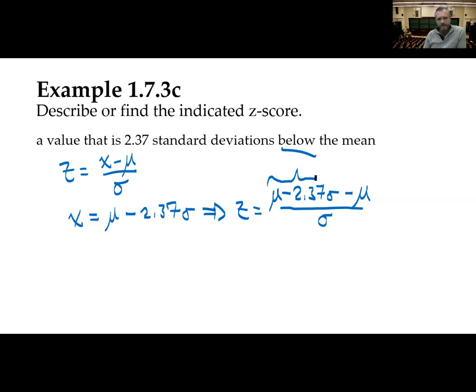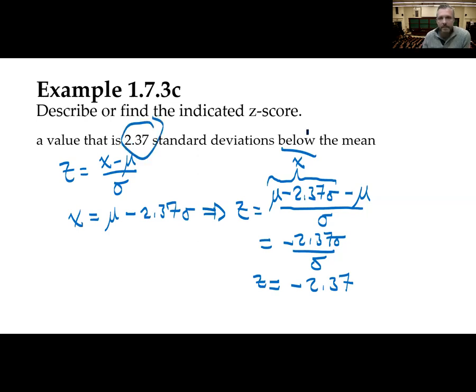Again, this piece right here is my x. Well, mu minus mu is 0. So you have negative 2.37 sigma over sigma. The sigmas cancel and you've got negative 2.37. So in other words, when the value is 2.37 standard deviations below the mean, our z-score was negative 2.37.